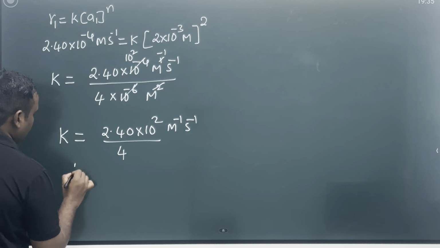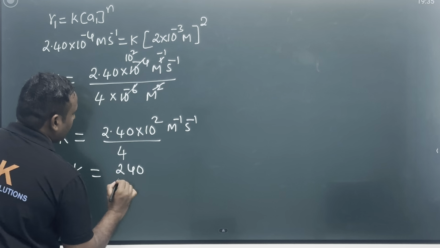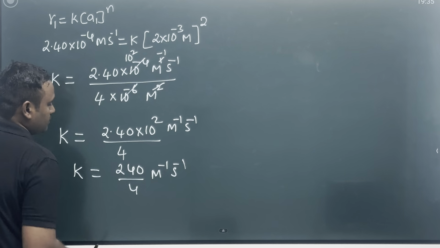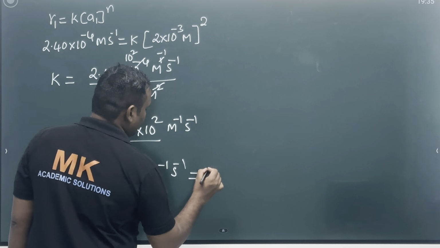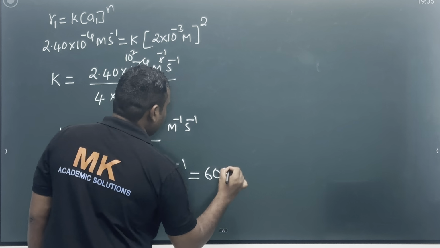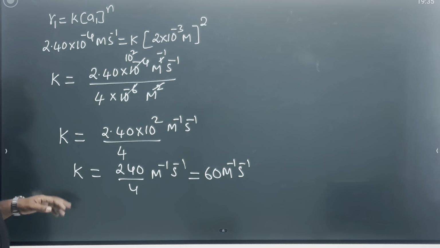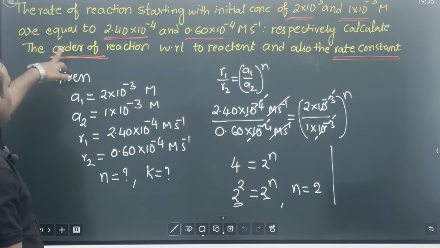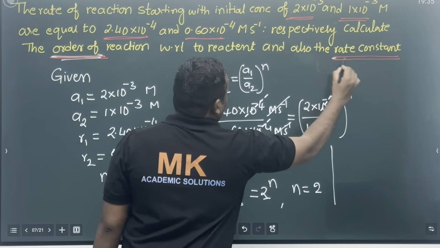So k is equal to 240 by 4 mole inverse second inverse, that equals 60 mole inverse second inverse. So this is the rate constant for this problem. We found the order of reaction and also the rate constant.